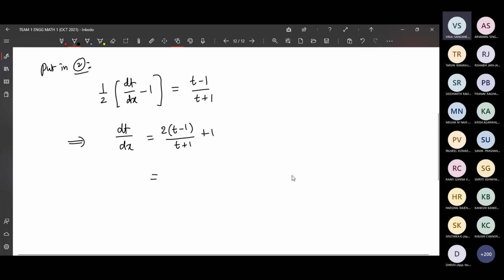So ultimately this is 2t minus 2 plus t plus 1, that means 3t minus 1 by t plus 1. And separate the dx and x terms. t plus 1 by 3t minus 1 dt equal to just dx on the right hand side.